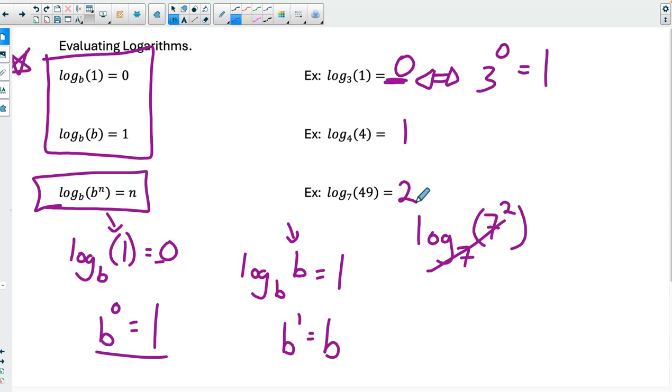When I look at this, I don't necessarily think of this property. I actually like to think of it as an exponent. I think, 7 to what power is 49? So I jump around. If you know those facts, or if you have that reference sheet in front of you, you would just look for 49 and see that it's 7 squared. So you would just take the exponent and put 2 there, and you would be done.